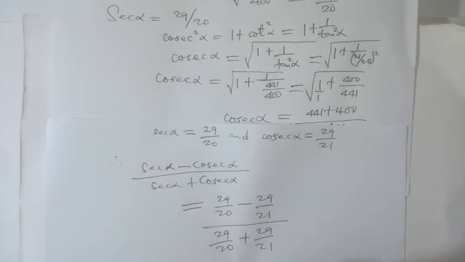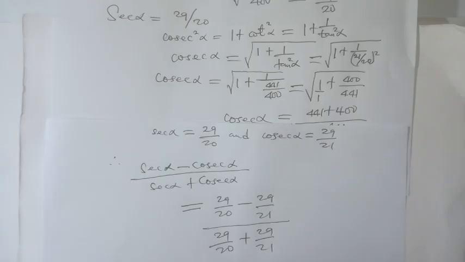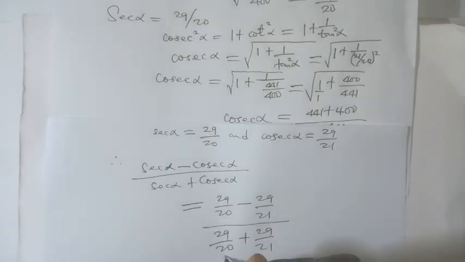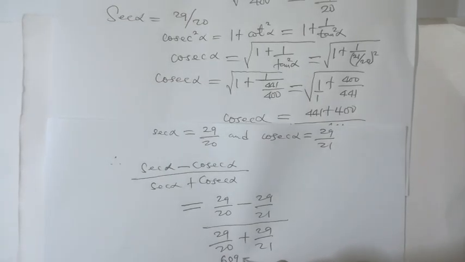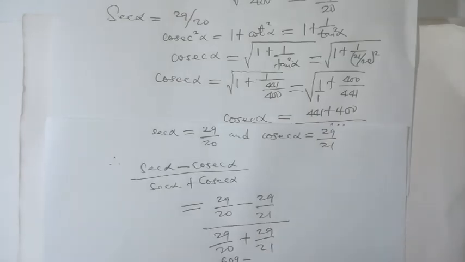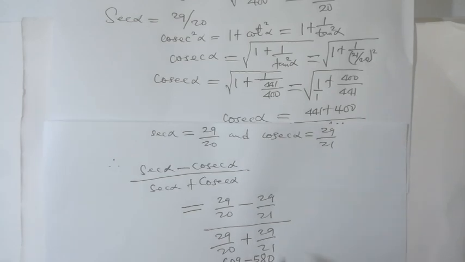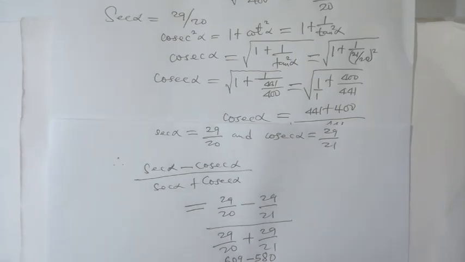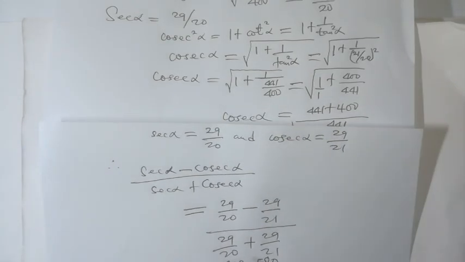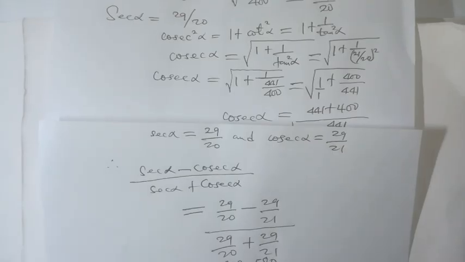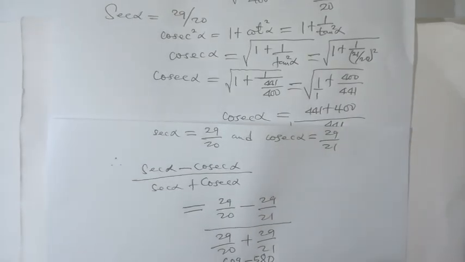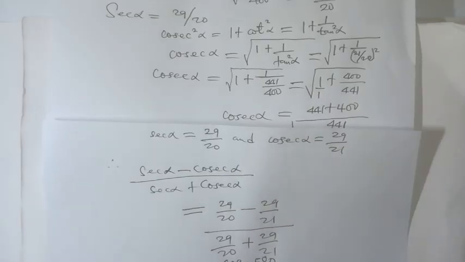We are going to have 420. 20 into 420 is 21, and 21 times 29 gives us 609, minus 21 into 420 is 20, and 20 times 29 gives us 580. The LCM of the denominator is also 420, so we have 609 plus 580.